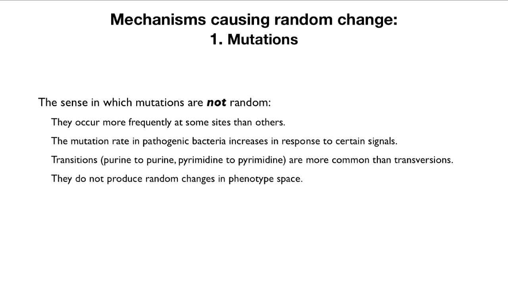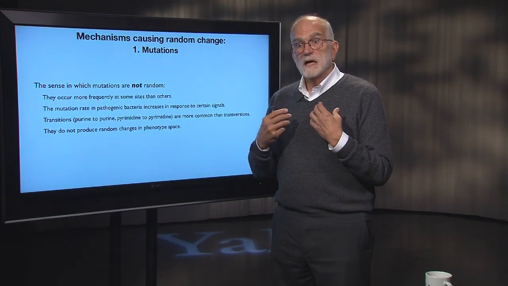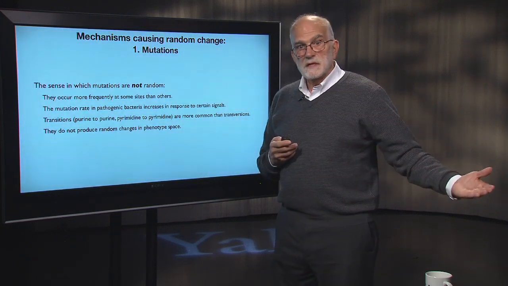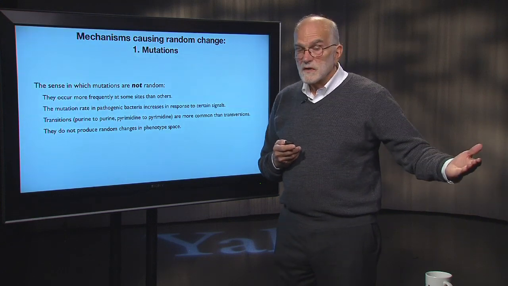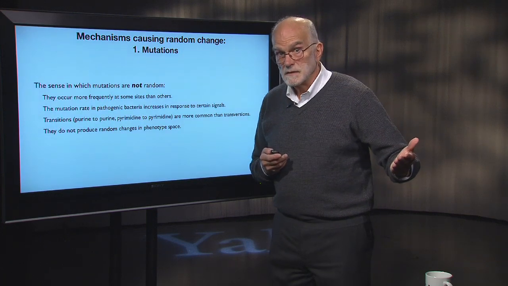Now, these mutations are things that are not producing random changes in phenotype space. Some of them may, but mutations don't produce random changes in phenotype space. And what I mean by that is that it is not equally likely that I will have a mutation that results in, say, an offspring having a different eye color and a mutation that results in an offspring having 6 legs.